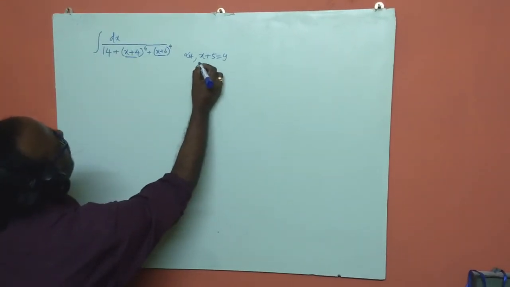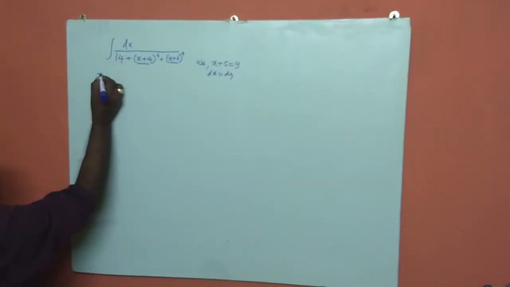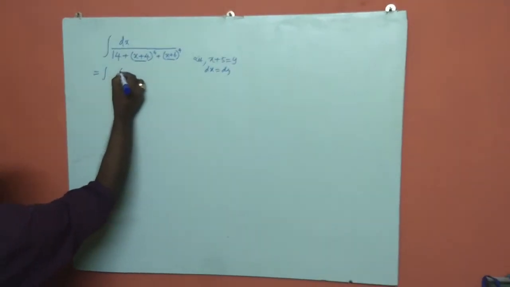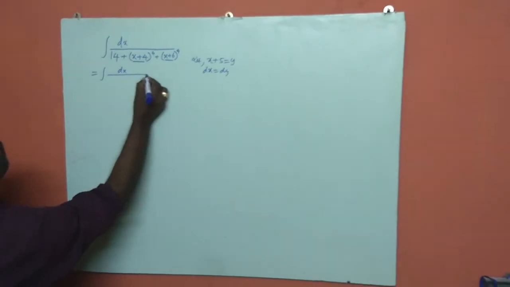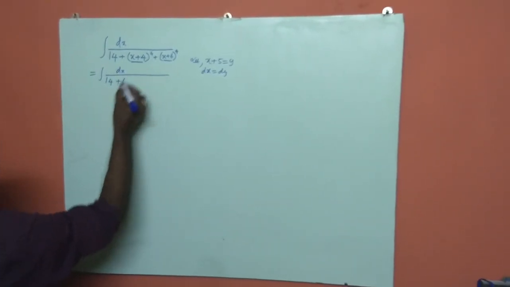Okay, now dx is equal to dy, and this is equal to dx whole divided by 14 plus x plus 4.